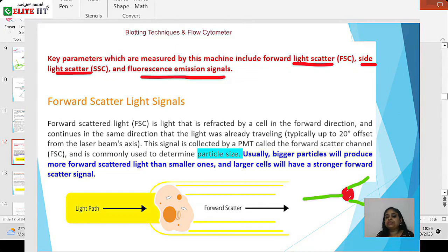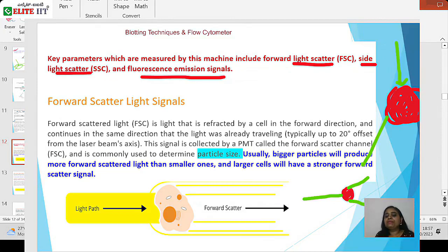Whenever the size of the particle is increased, what will happen? Suppose this is the laser beam. After scattering, the forward scattering will be much greater.